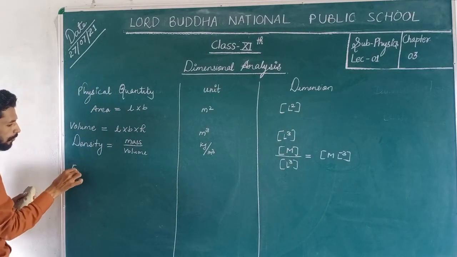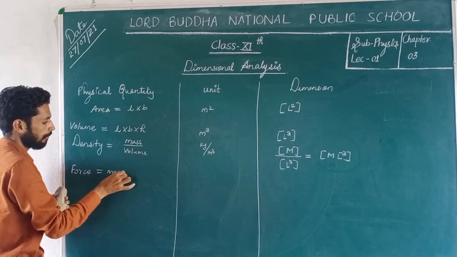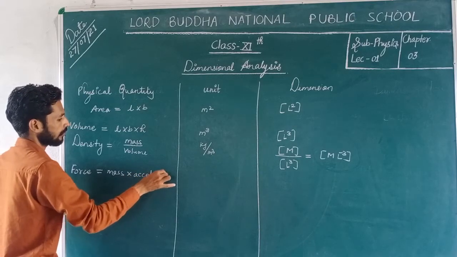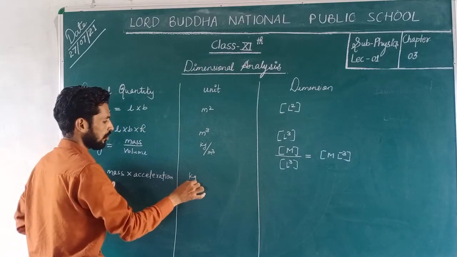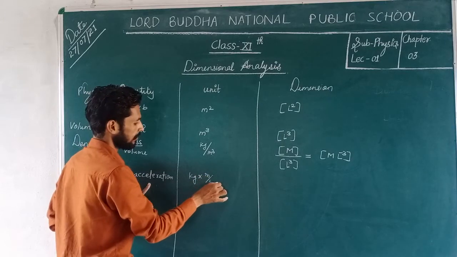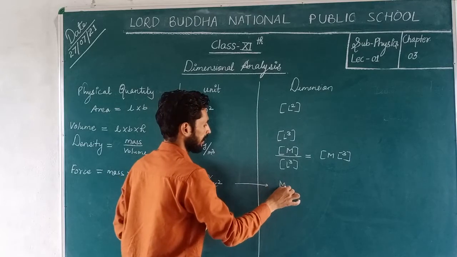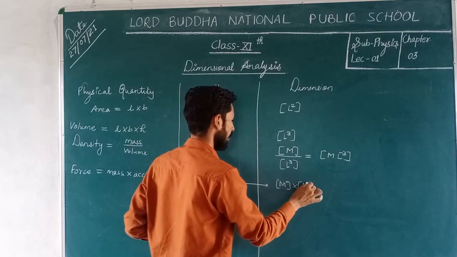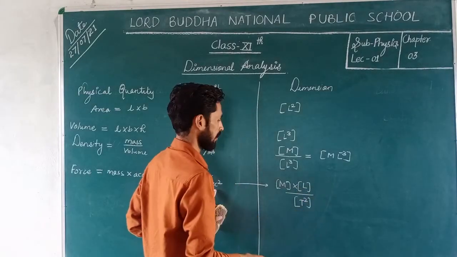For example, next is force. Force equals to mass into acceleration, and the unit of mass is kilogram into unit of acceleration, that is meter per second square. So we can write here kilogram, that is denoted by M, and meter, that is denoted by L, and divided by T to the power 2, because it is a square.